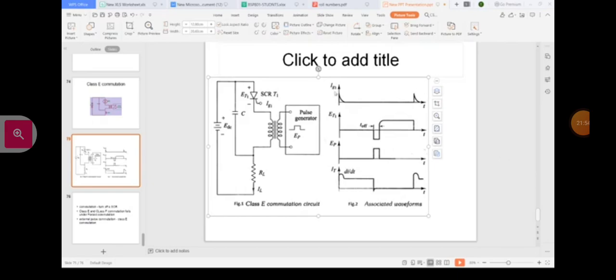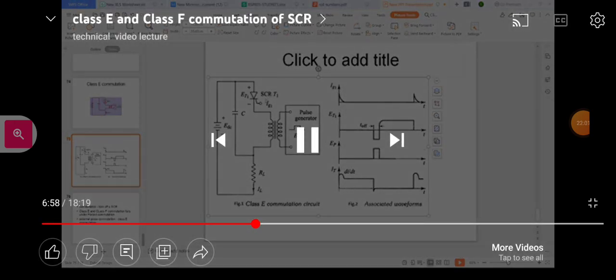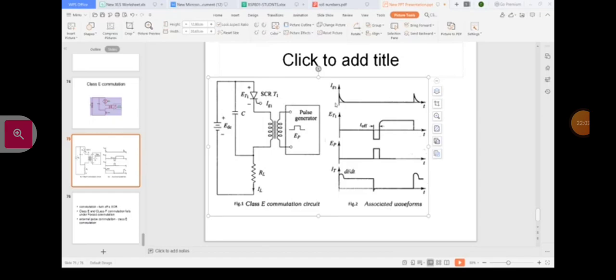In this arrangement, IG1 is the gate current of this SCR. When IG1 is applied, IT will have some value.